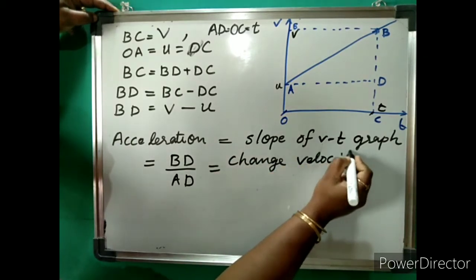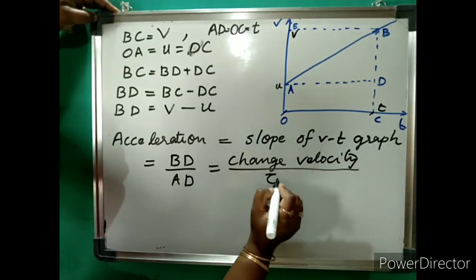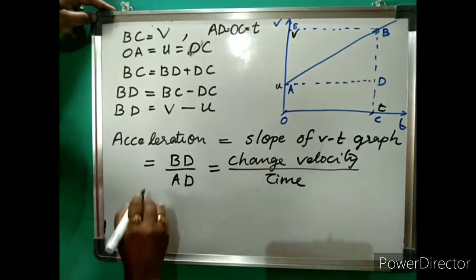velocity divided by time. Then we can substitute the values.